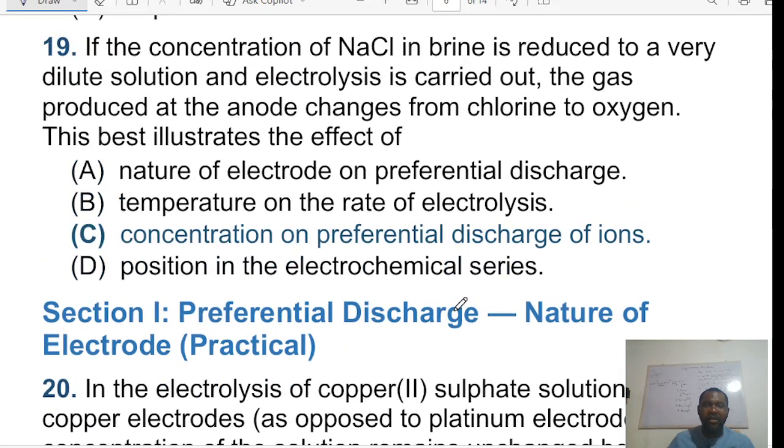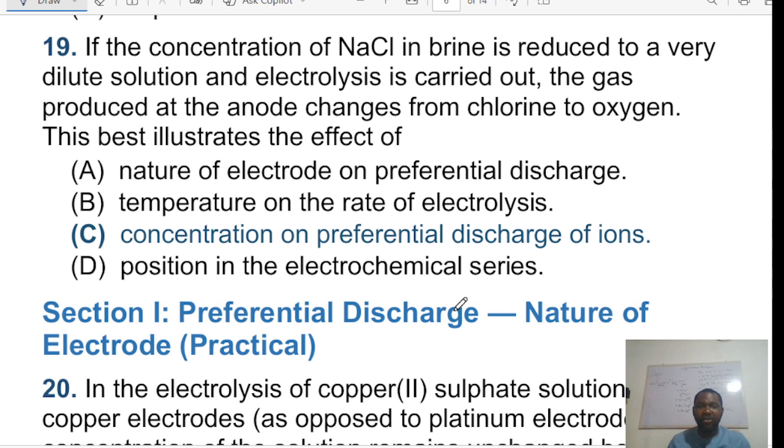Number 19, if the concentration of sodium chloride in brine is reduced to a very dilute solution and electrolysis is carried out, the gas produced at the anode changes from chlorine to oxygen. You see that? If it was concentrated, chlorine would be produced, but now that it is dilute, oxygen will be produced.